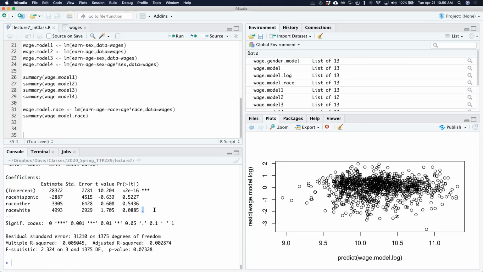So I would say we're going to look at a bunch of tools that will allow us to think about how to put variables into the model in ways that are better than just looking at the p-value.